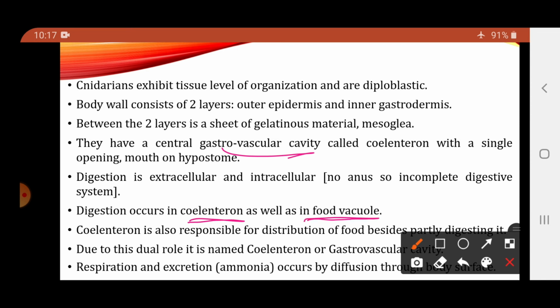Where is the vacuole? Inside the cell. So that is intracellular digestion as well as extracellular digestion.